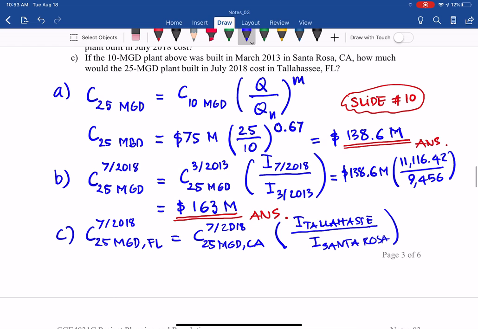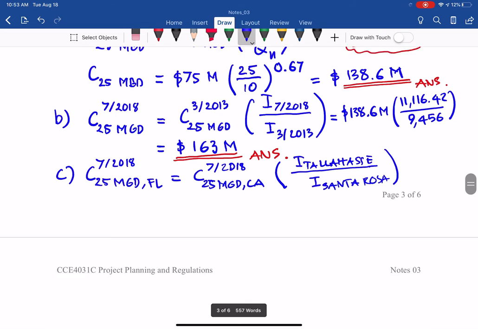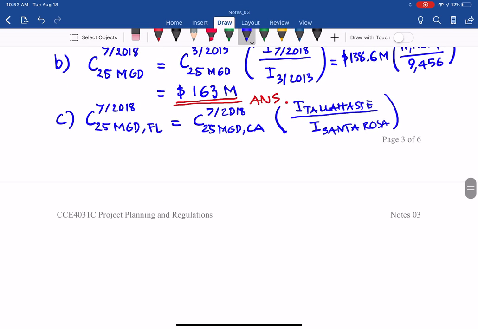How do we get that information? We go to the reference for the location.